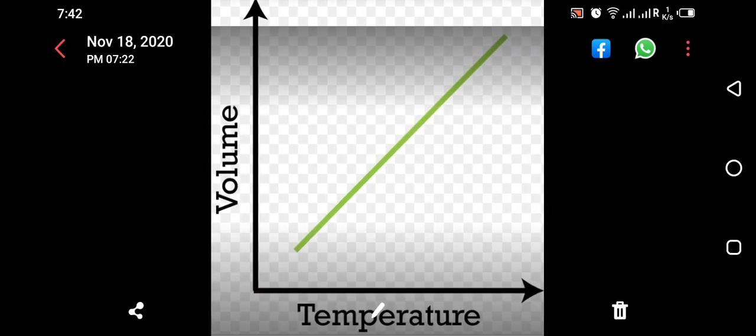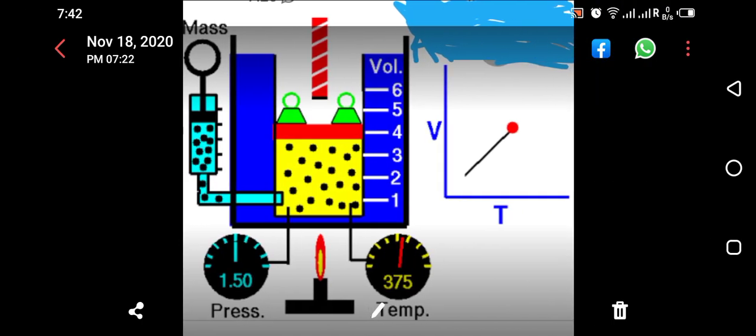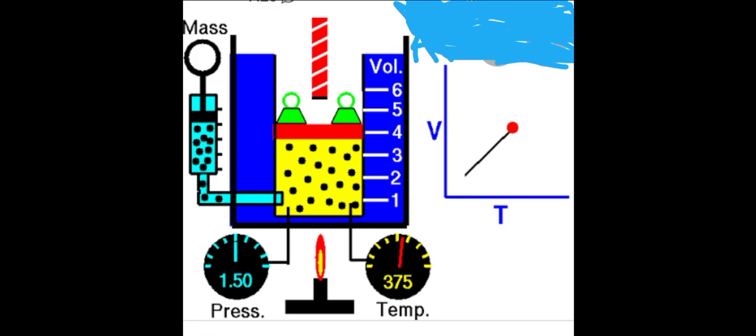This is the graph. Volume and temperature are directly proportional, so a direct proportion graph is always a straight line. This is the diagram.